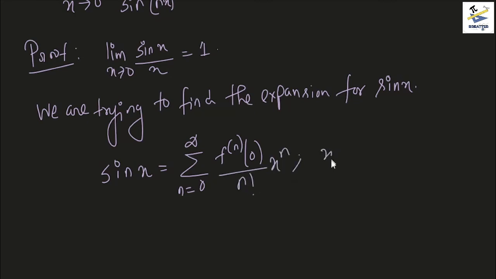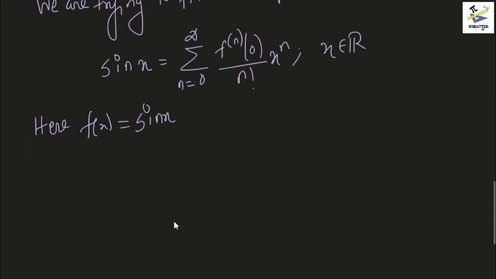In this case x belongs to R because sin x is defined and convergent for all values of x. So here f(x) is obviously sin x, and we would try to find the different derivatives of this.